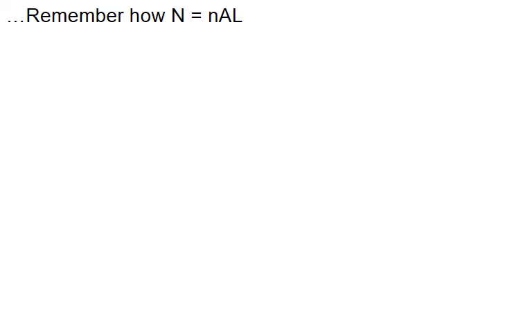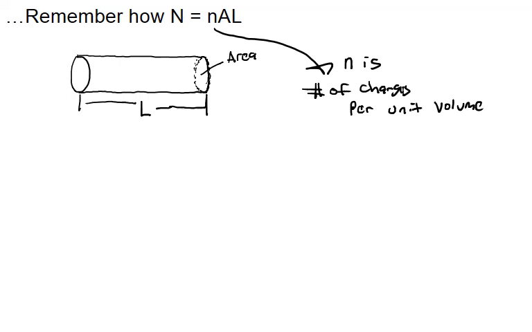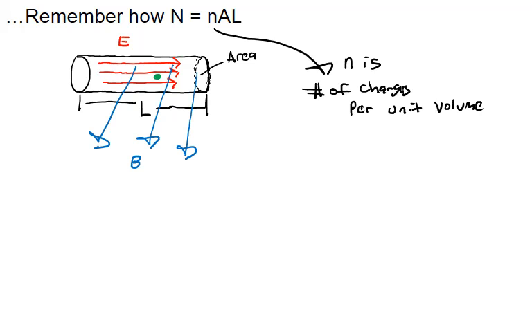If you recall, n is the number of charges per unit volume, so the number of electrons per unit volume. A was the area in a wire, and then L is the length there, right? Let's say you've got some particles in there, and you have an electric field.